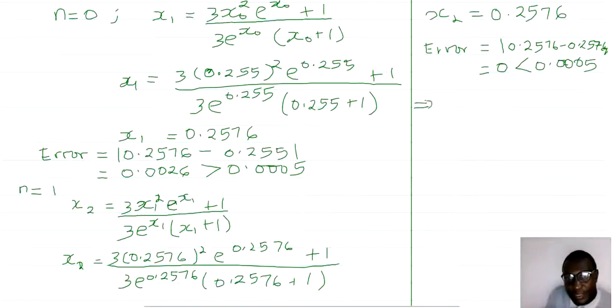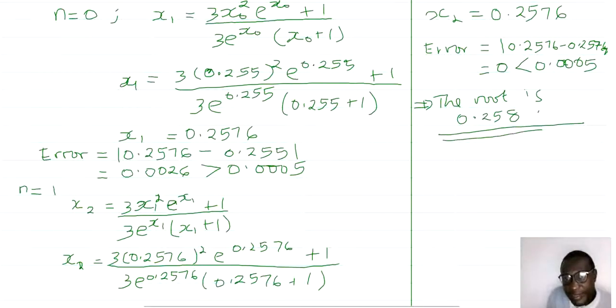This implies that the root is, they said we give it to 3 decimal places, so it will be 0.258. So this here is the root of the equation.